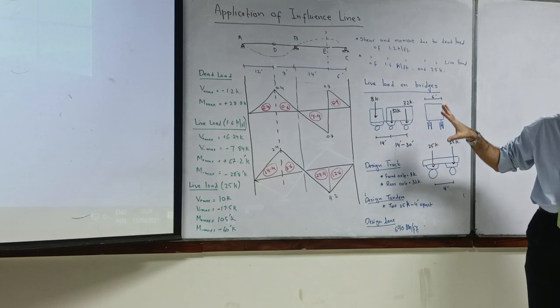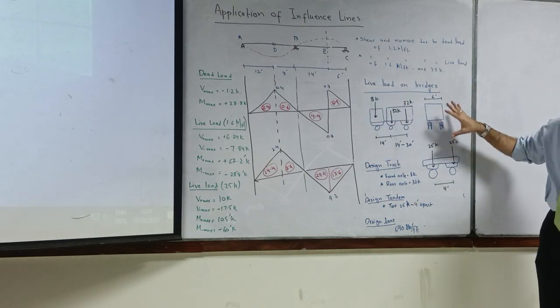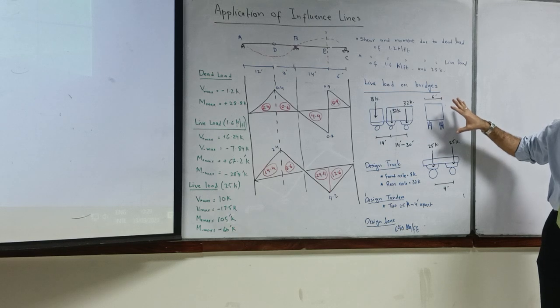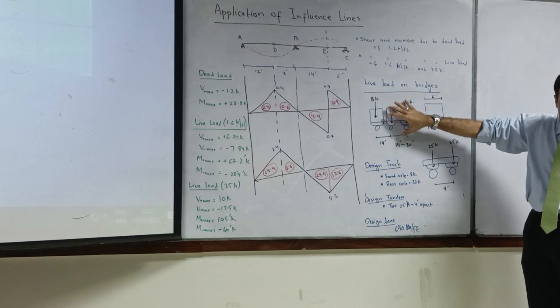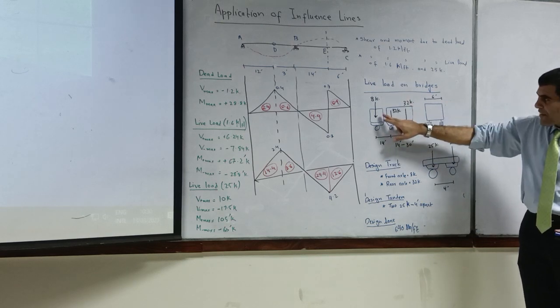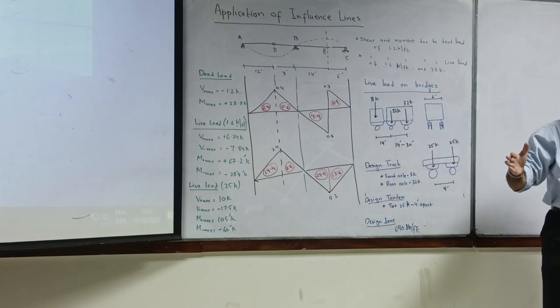Have you heard of AASHTO? Yes, this is from AASHTO live load calculations, and in AASHTO, this is a standard lorry which has these axles. You know that an axle has two wheels.